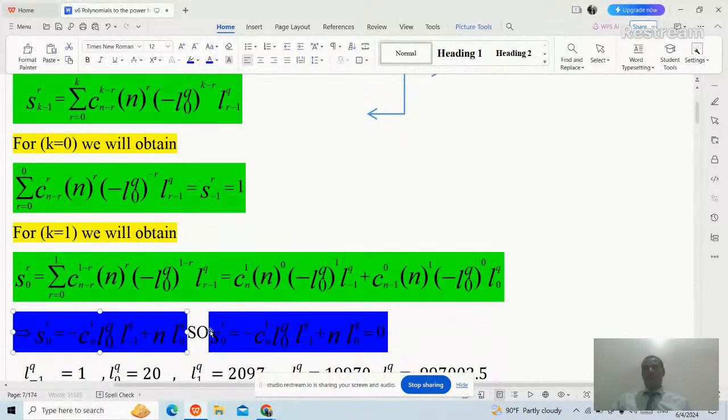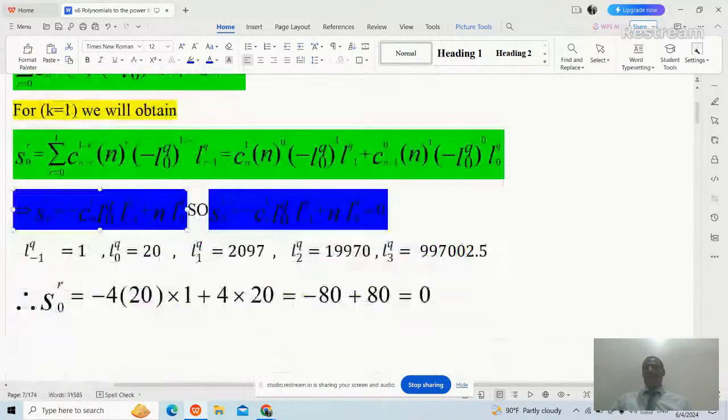Okay, therefore I'll just write this, learners, imply that exactly. Okay, that S0 of order r equal minus combination, let's say n choose 1, L0 for the q times L minus 1 over the q plus n L0 for the q. Okay, therefore this one, learners, you can see this is a common factor.